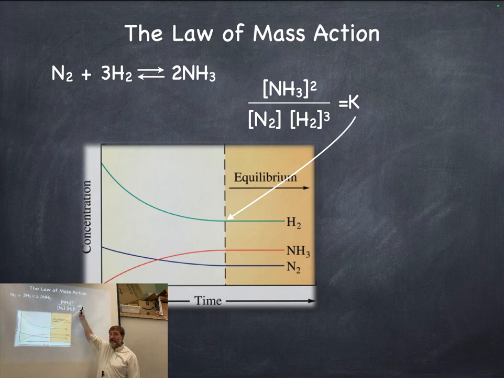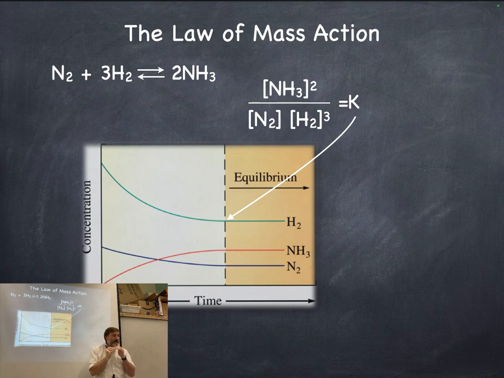This ratio between products and reactants is determined by the rate constants. This value is actually dependent on the lowercase k rate constants for the forward and the reverse reaction. Because that ratio is going to tell you how much products and reactants you need for the forward and the reverse reaction rates to become equal.